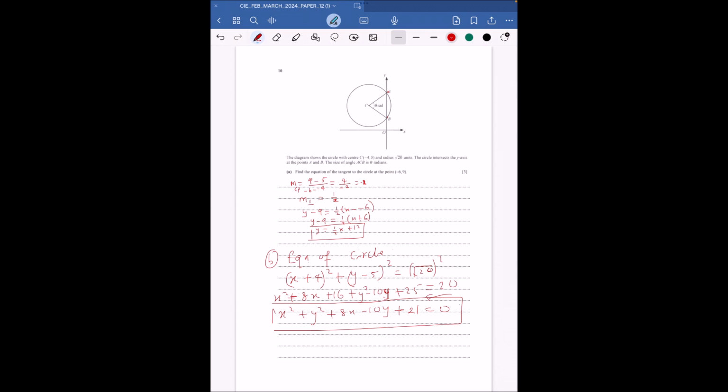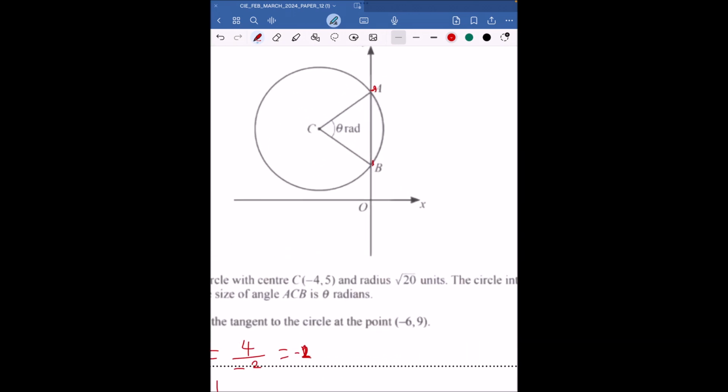So I can put x as 0 here and solve. So when x is 0, I'll get A and B. That's why we did B.